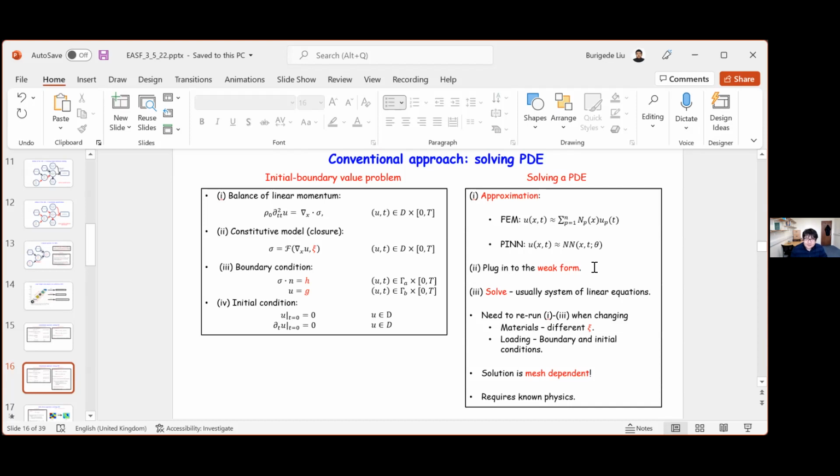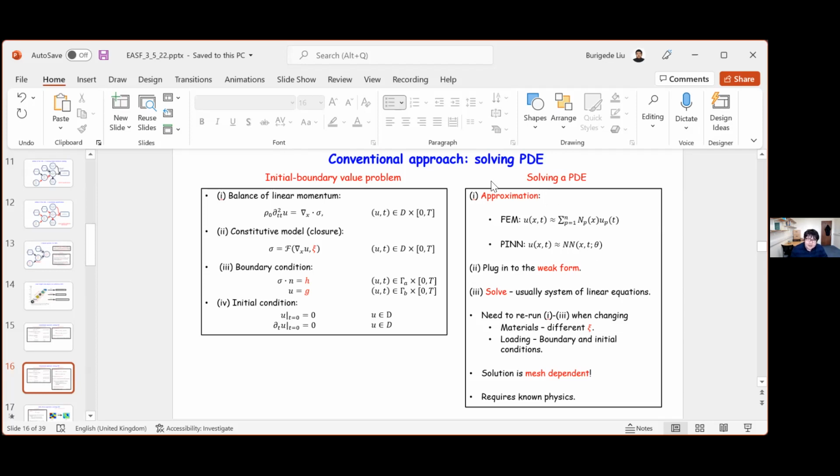Nevertheless, PINN is a very powerful tool, and of course people work on physics-informed neural operators too. The claim is that we would be able to completely replace FEM with it. I have personal doubt on that, but that is the claim people are making now.